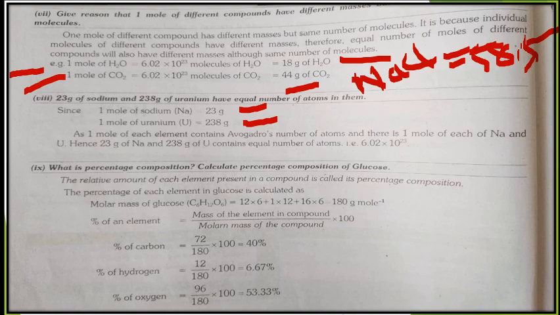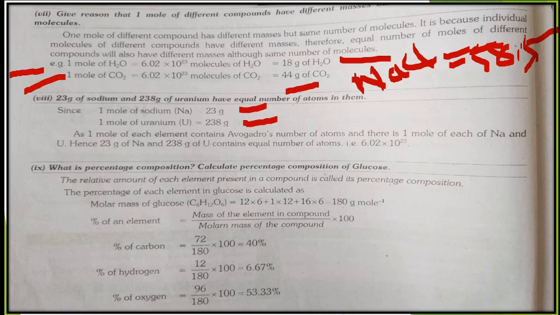Both are single atoms. 23 grams of sodium is equal to 1 mole, which is equal to 6.02 times 10 power 23 particles. Same is true for uranium, but the mass is different. 238 grams of uranium is equal to 1 mole, which is equal to 6.02 times 10 power 23 atoms.